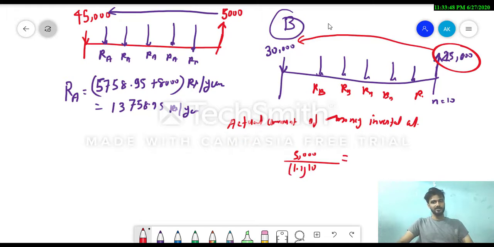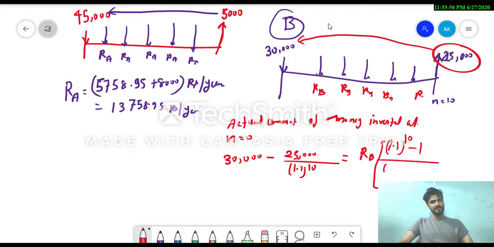Okay, that is equal to, my dear student, RB into (1.1 whole power 10 minus 1) upon (0.1 multiplied by 1.1 whole power 10). So from here, if you calculate, you will be getting a value of RB equal to 963.85 rupees per year. Okay.